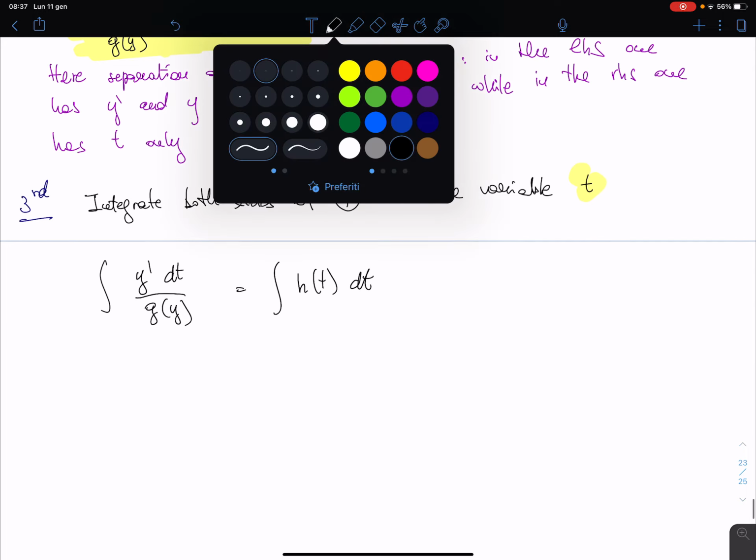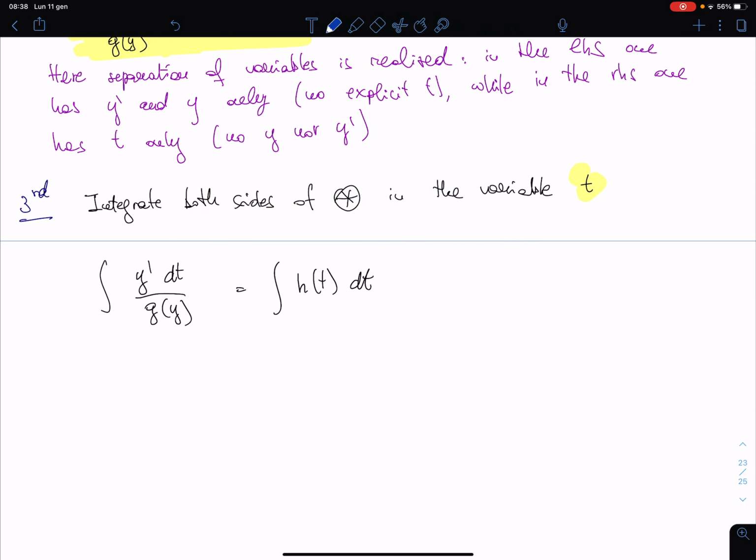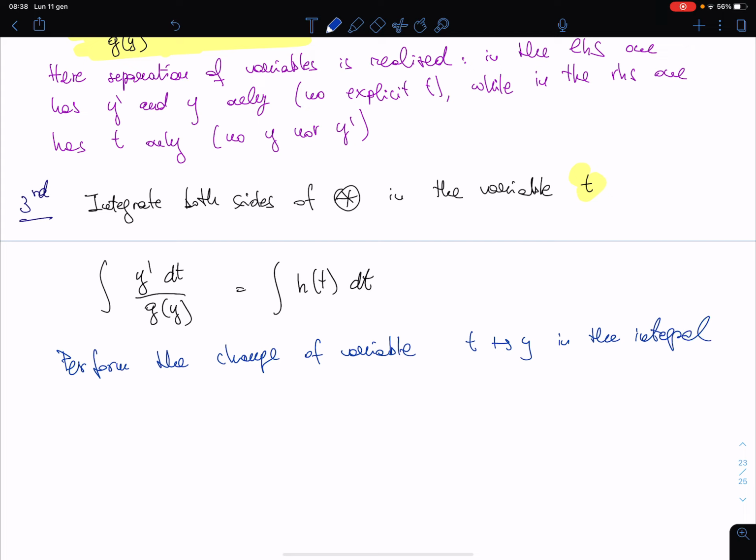But now perform the change of variable from t to y in the integral at the left-hand side.